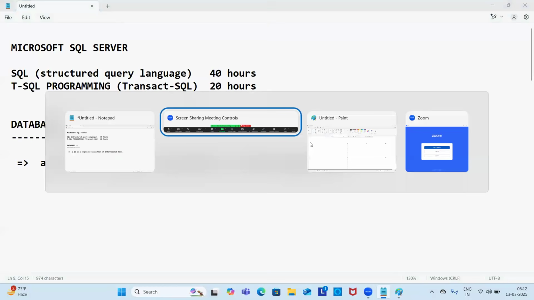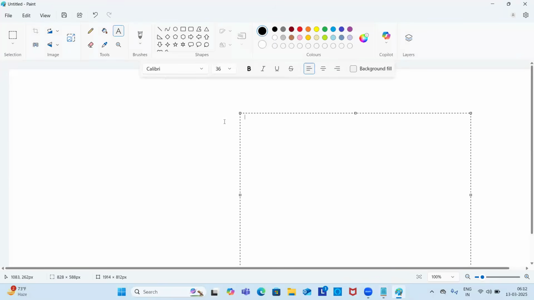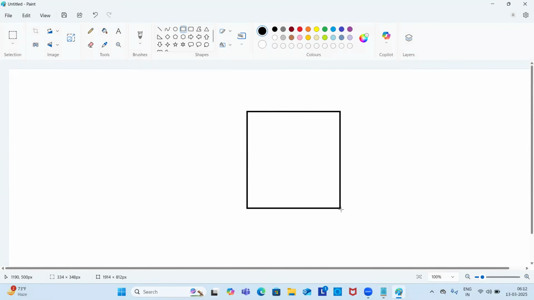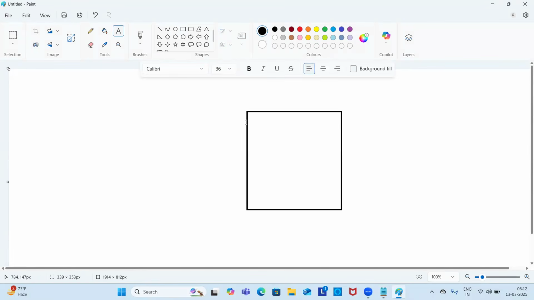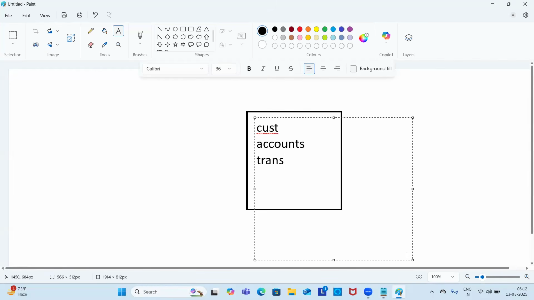For example, take a bank database. A bank database stores data related to customers, data related to accounts, data related to transactions, data related to loans taken by the customers, and bank employees.